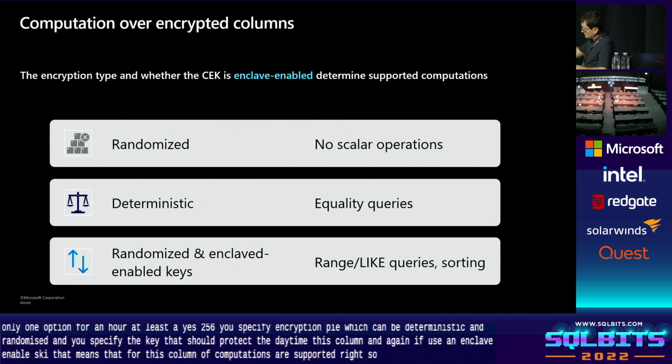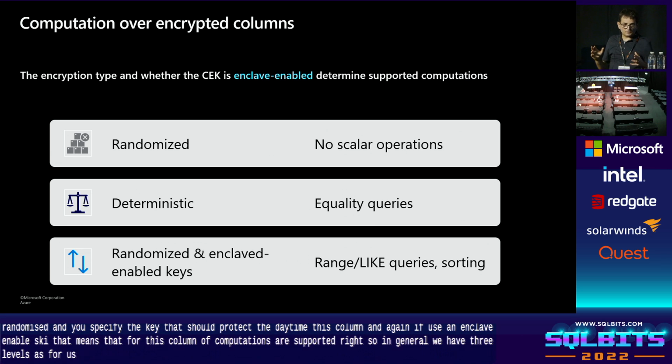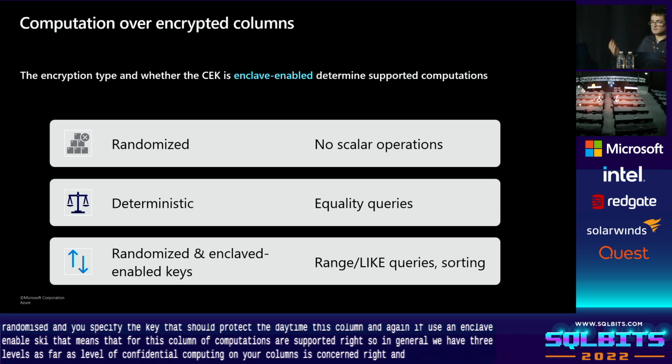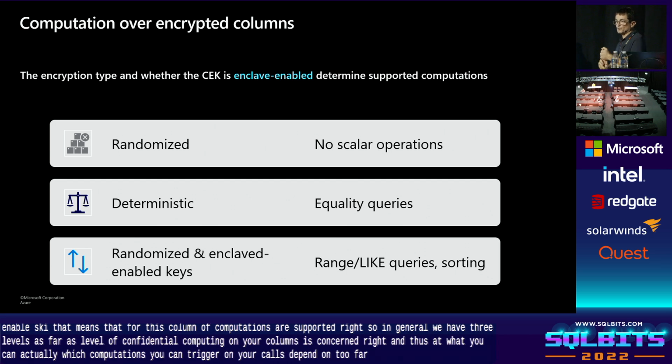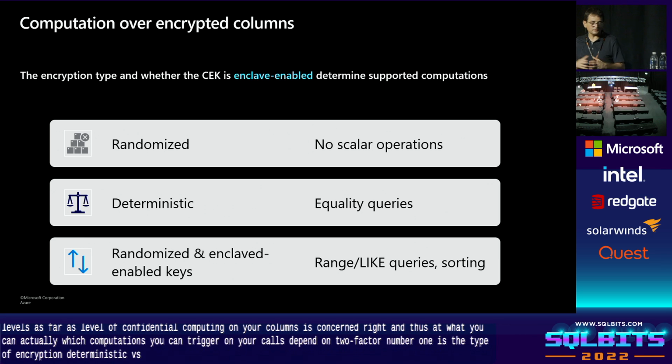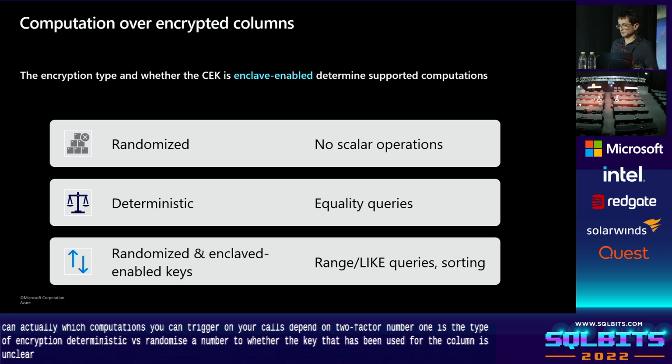So in general, we have 3 levels of confidential computing on your columns, and which computations you can trigger on your columns depends on 2 factors. Number 1 is the type of encryption, deterministic versus randomized. And number 2 is whether the key that has been used for the column is enclave-enabled or not, right?